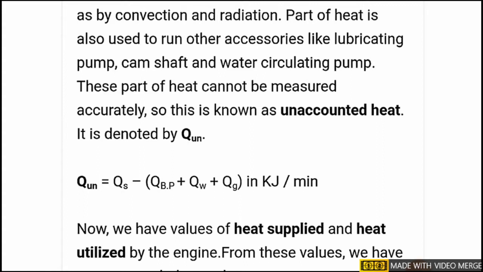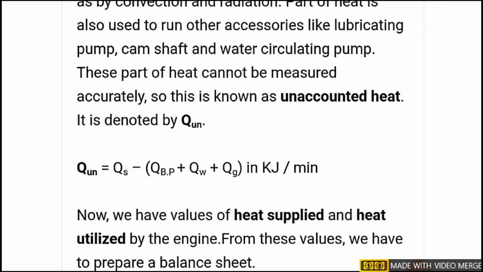So if you do this calculation, you can find out the unaccounted heat. Again, it's your wish if you want to keep it in terms of kilojoules per minute, kilojoules per second or kilojoules per hour.